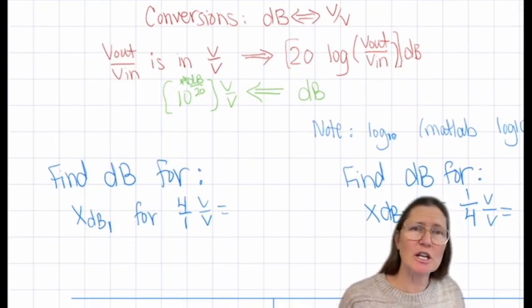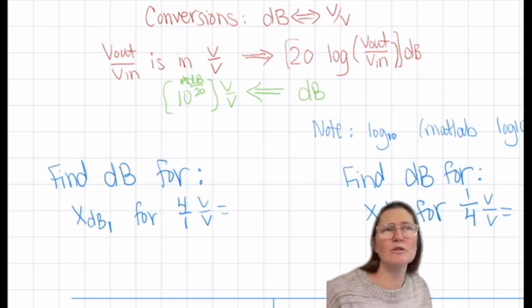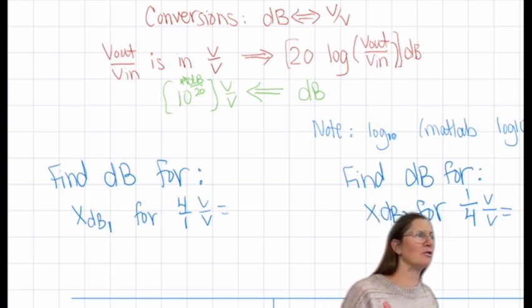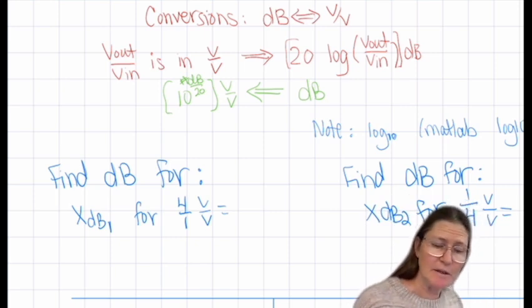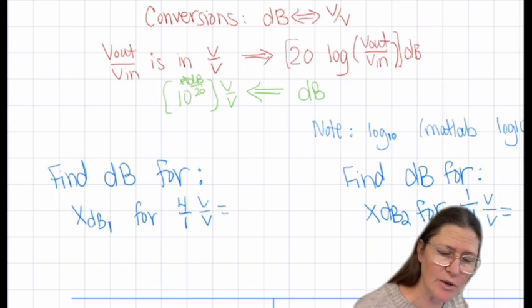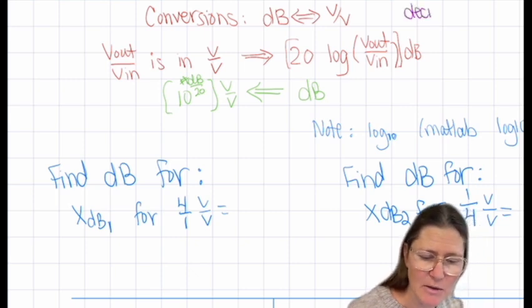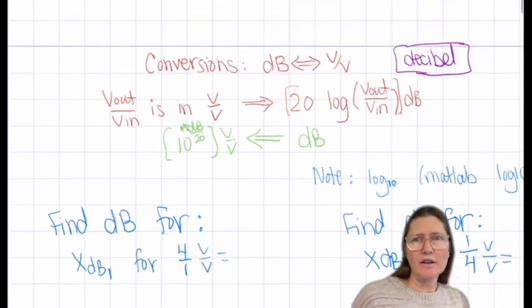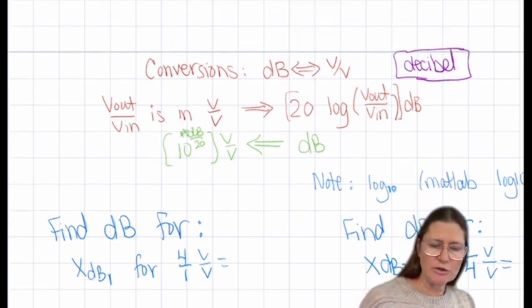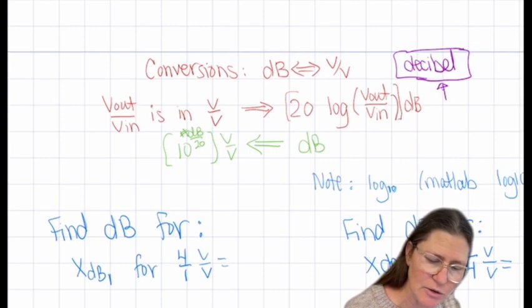All right, converting dB to volts per volt. So last time I introduced the Bode plot, and we talked a little bit about this dB. The dB is a unit, decibel, and the decibel is going to be used to understand the magnitude.